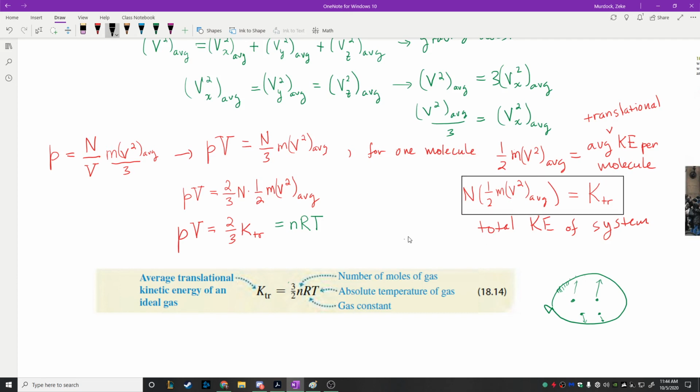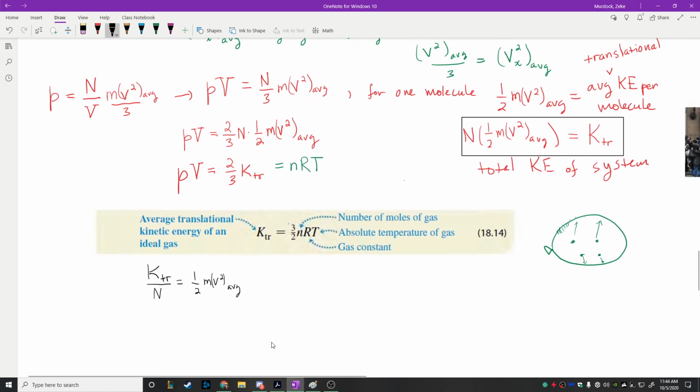If we take the translational kinetic energy and divide by the total number of molecules, that gets us back to 1/2 mv squared average. This gets us back to just the energy for a single molecule.